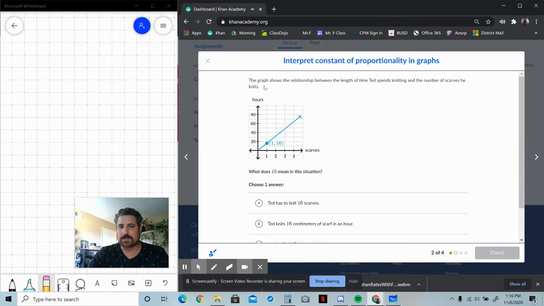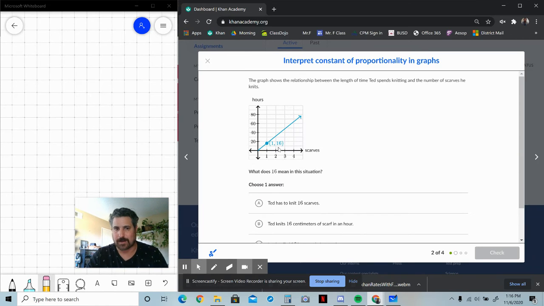This one says the graph shows the relationship between the length of time Ted spends knitting and the number of scarves he knits. So the x-axis is scarves, the y-axis is hours. So one scarf takes how many hours, and so on. And you can see it says 1, 16. So that means that one scarf takes this person 16 hours to knit.